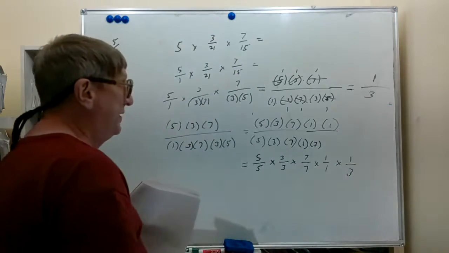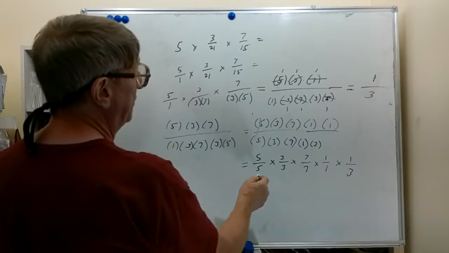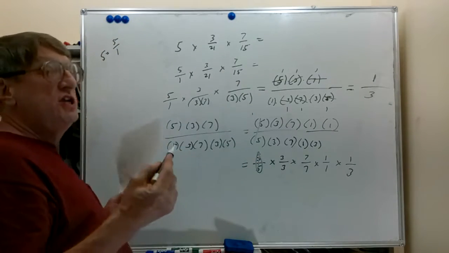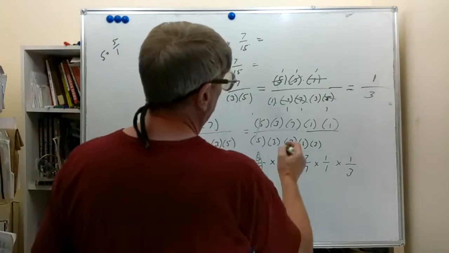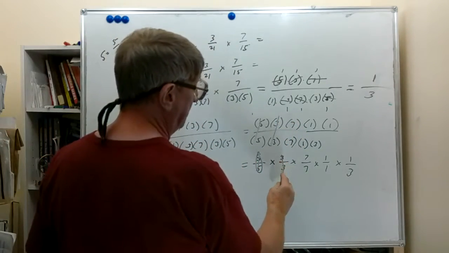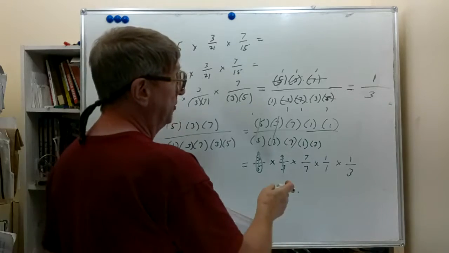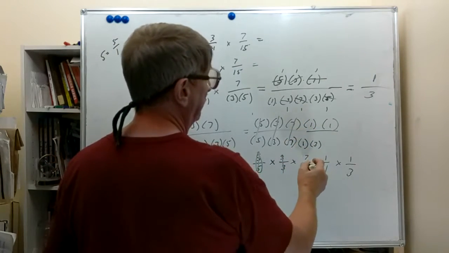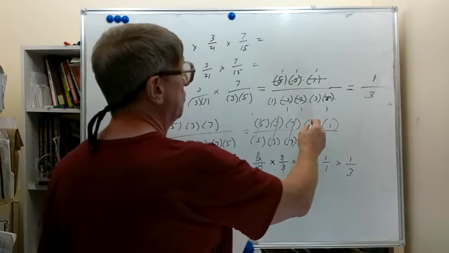So what happened? When we canceled these two 5s, we just got rid of a multiplication by 1. Multiplication by 1 changes no value, so it didn't change the value of the fraction. When we cancel these 3s, the same thing. We got rid of the multiplication by 1, because 3 over 3 is equal to 1. Same thing with the 7s. The same thing with the 1s.